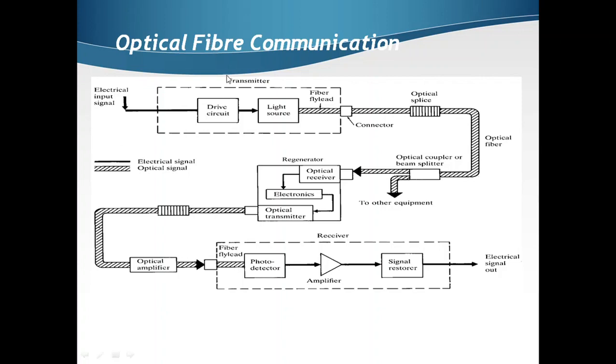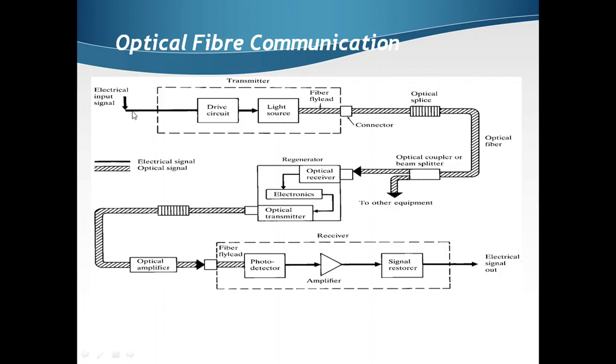So first the work of the transmitter is to take the electrical signal as the input and to convert it into the electromagnetic wave. Here we can see that the plain or the dark line is denoted as the electrical signal, while the dashed one is the optical signal.